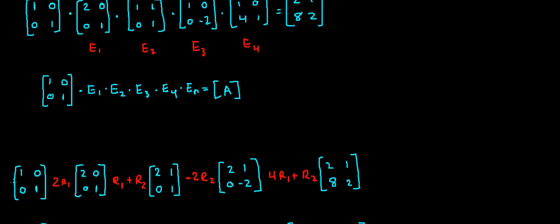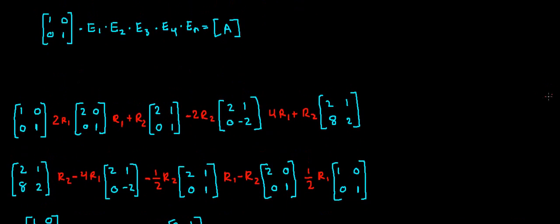So here are the operations to get 2, 1, 8, 2 again. If we reverse the order of these, then it will take us back to the identity matrix.